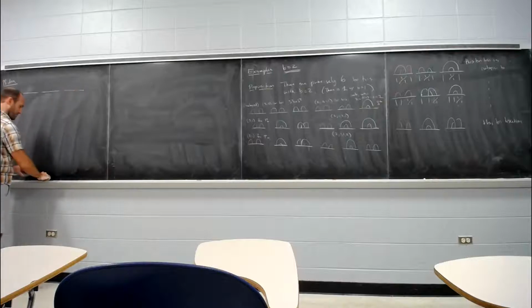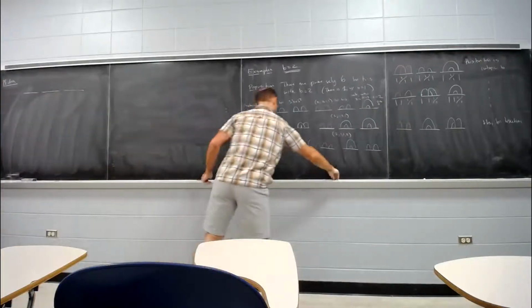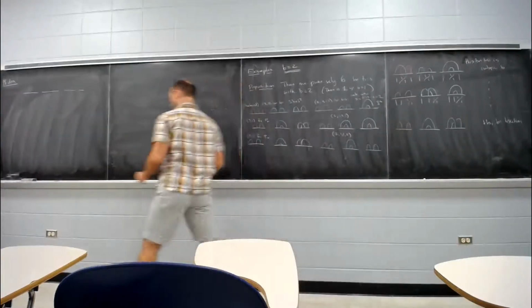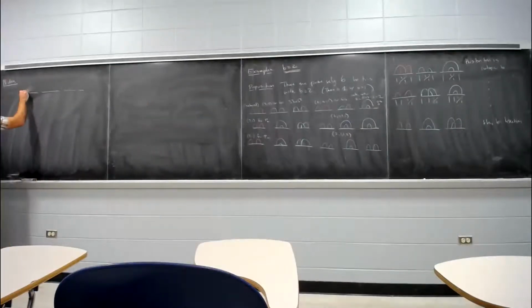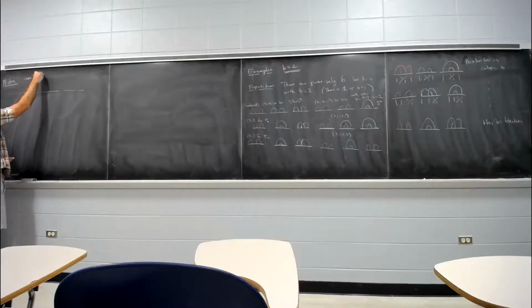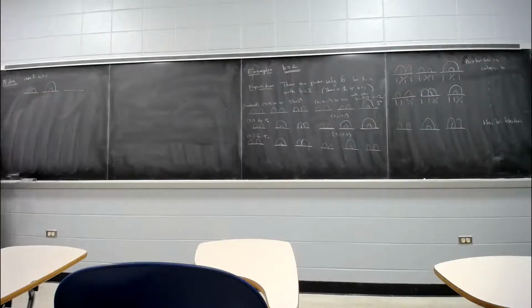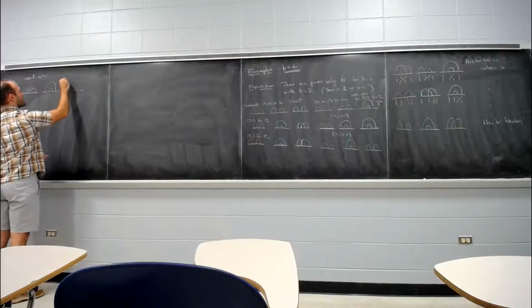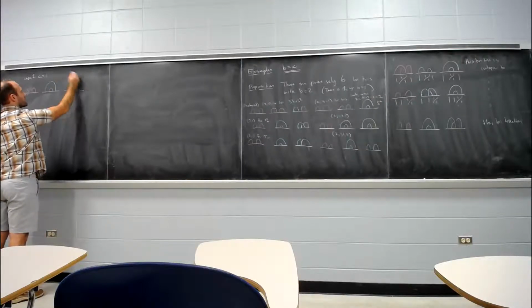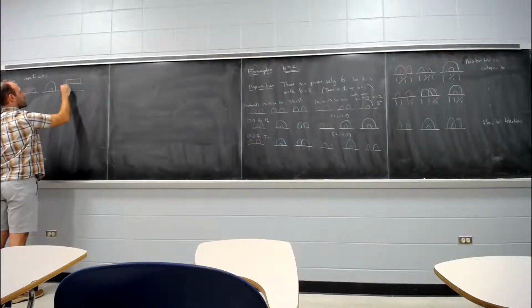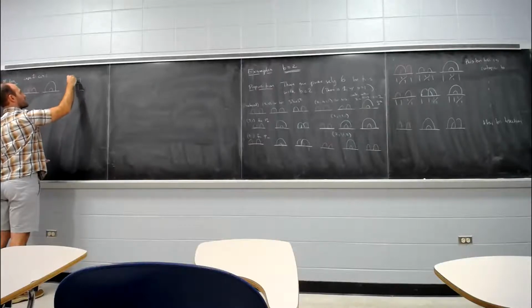So if you want to classify two-bridge trisections, again, you can always assume the first one looks like this, and let's just assume case one, that C1 is 1. So that means the second one can look like that, and we get something over here that looks like this.